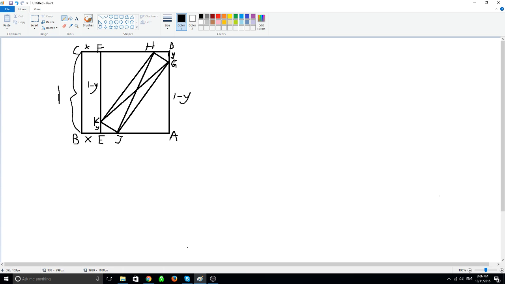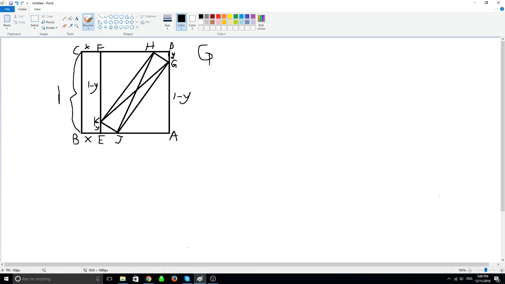These might seem like very arbitrary lengths to choose, but your goal is just to create as many altitudes or diagonals or anything that would help you find whatever EA is equal to. Because if you find EA in terms of x, or FD in terms of x, then you pretty much solve the problem.